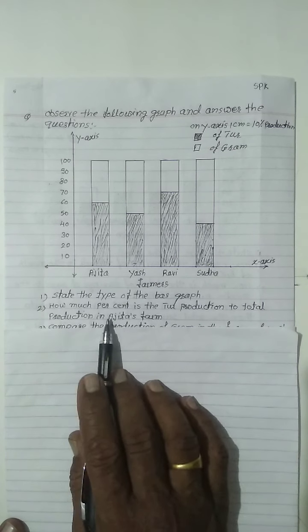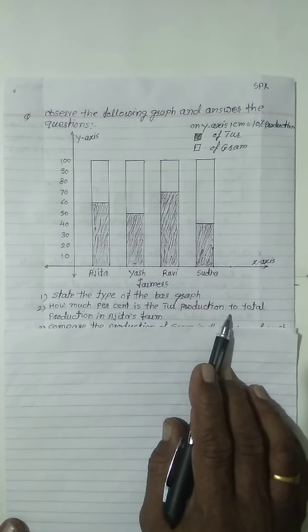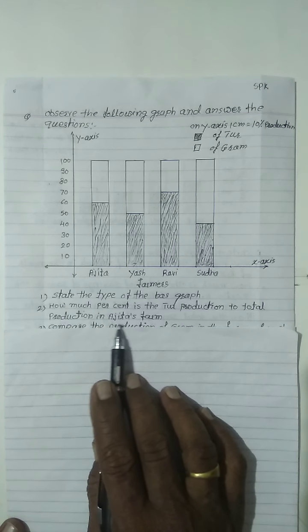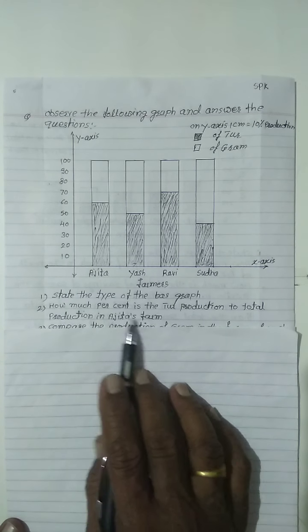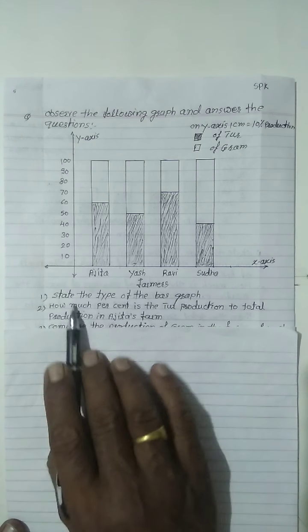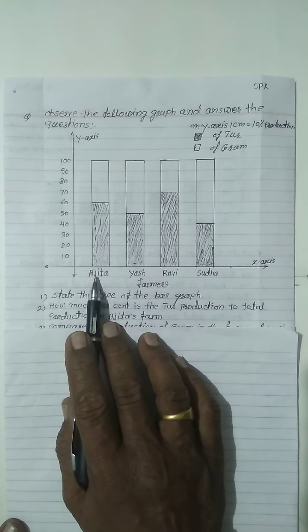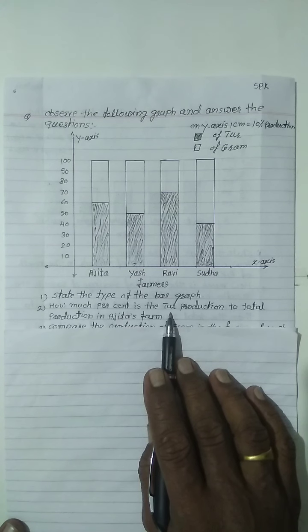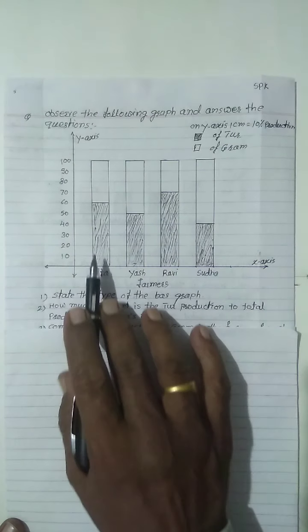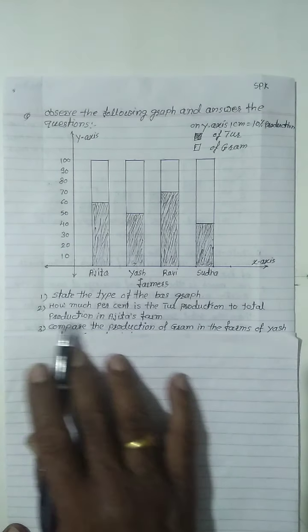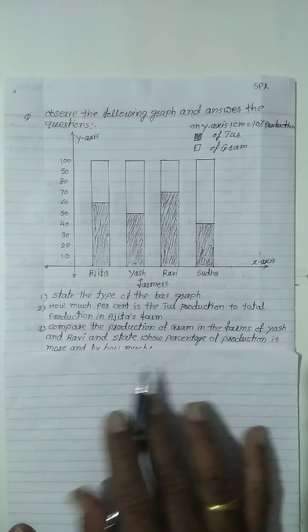How much percent is the tur production to the total production in Ajit's farm? See, Ajit's farm total production is 100%, but in this 100%, how much percent is tur production? The shaded portion is 60%. So the answer of this second question is 60%.